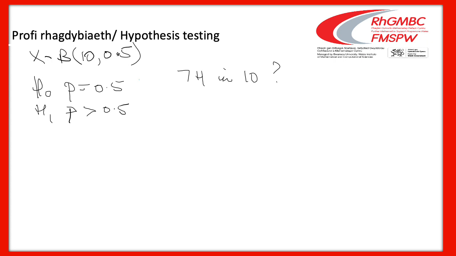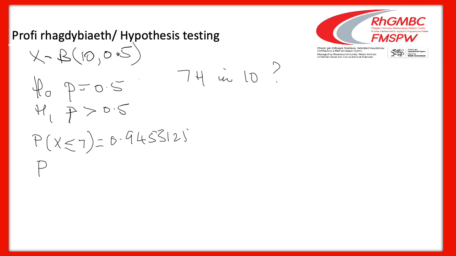Well, from my calculator, the probability that x is less than or equal to 7 is 0.945325.